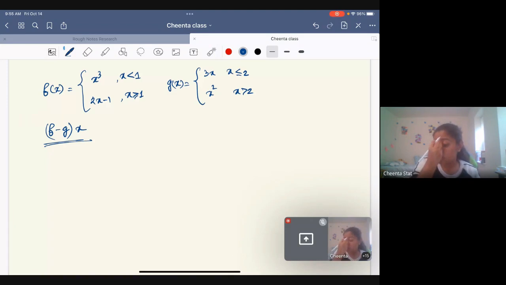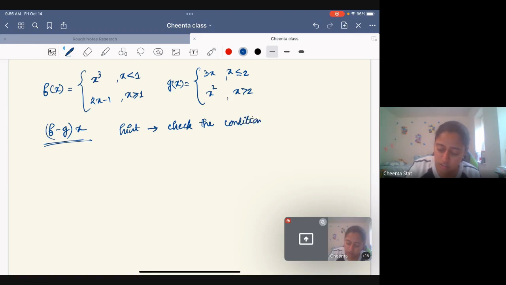You guys will do this and tell me the answer. But I am going to give you one hint. Check the conditions. That means you know the function f(x) for x less than 1, and you know the function g(x) for x less than or equal to 2.